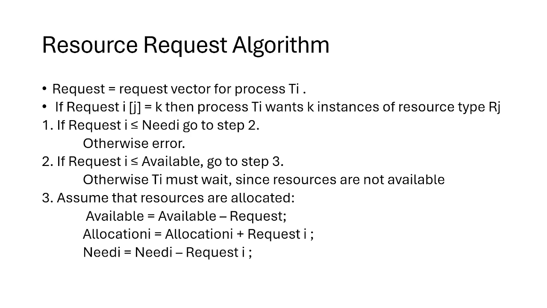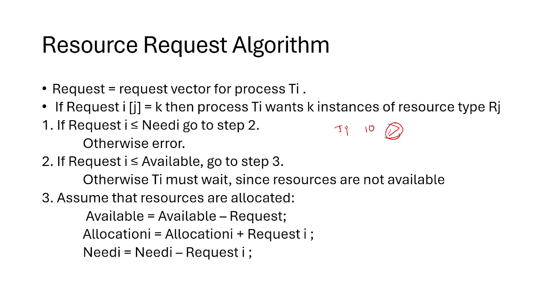If Request[i][j] equals k, then thread Ti wants k instances of resource Rj. If the request is less than or equal to Need, go to step 2. Otherwise there will be an error, because to complete its execution the thread Ti may need 10 resources, but it is requesting more than that.